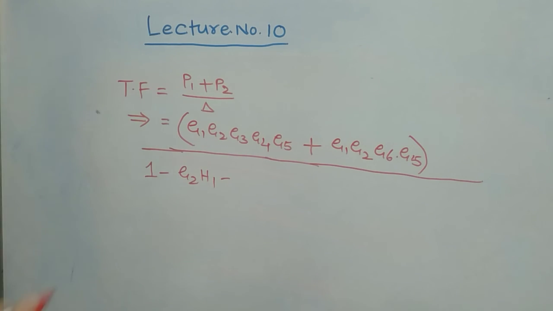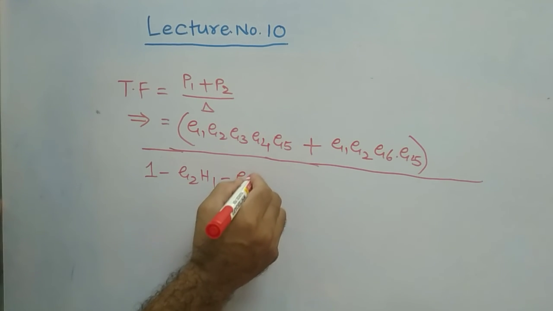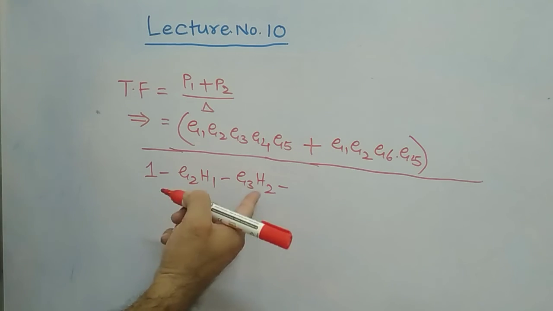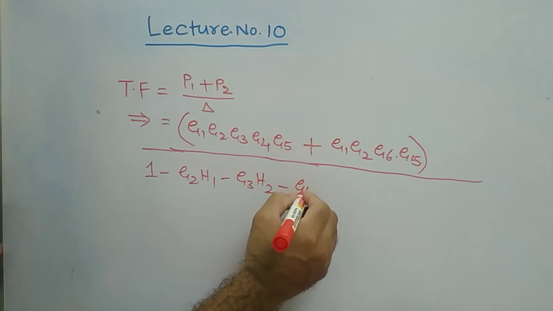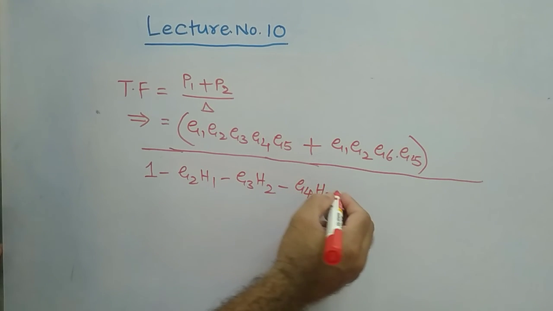Minus G3H2, this is L2 basically, and then G4H3, this is your L3.